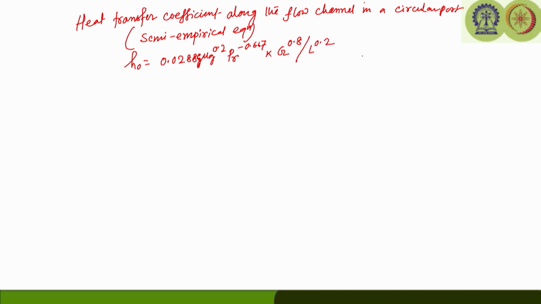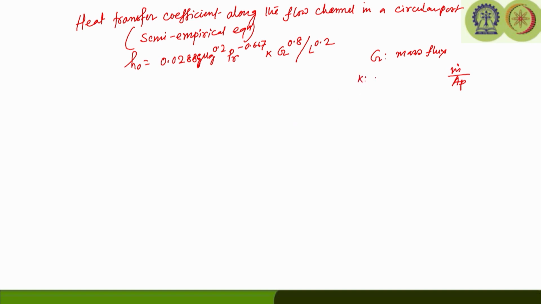Here G is the mass flux in the circular port, which is mostly given by m dot divided by port area.